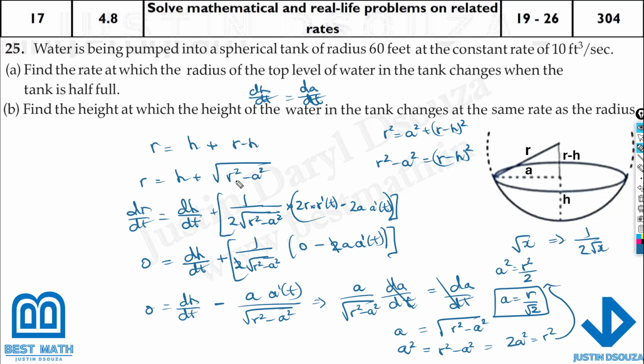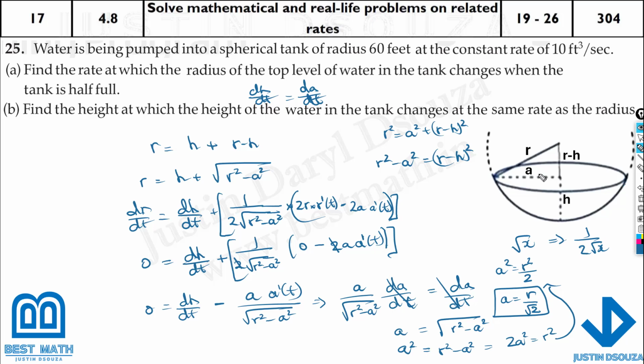This equation can be used, because we know all, or we can use one of these equations as well. So I'm just going to use this equation and find the h value. I can just take this to the other side and solve it. I hope this much is clear.